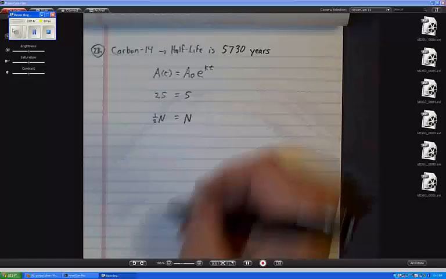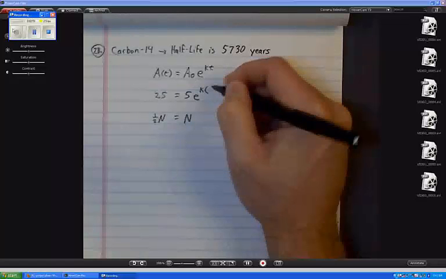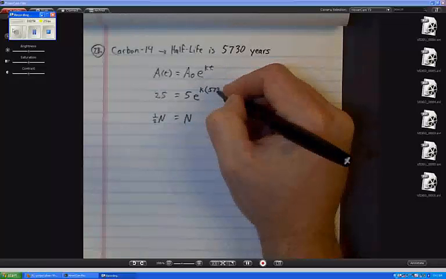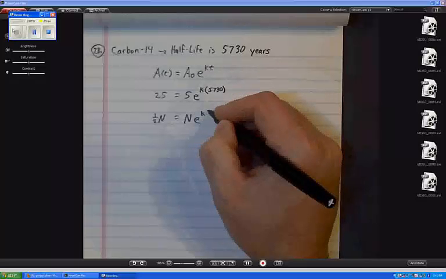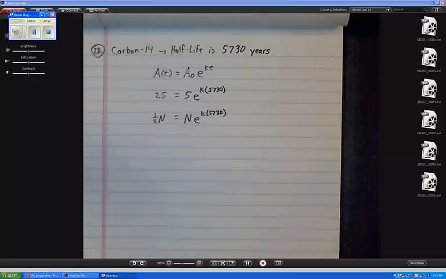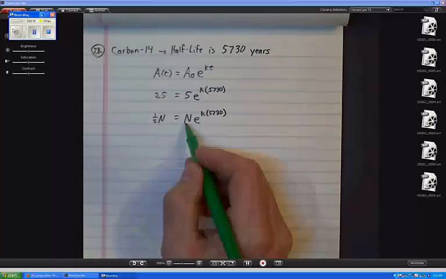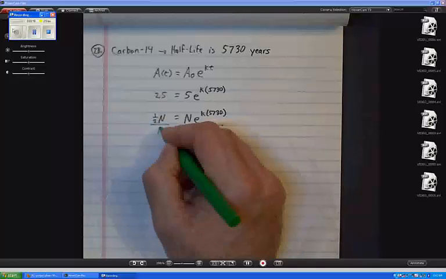I don't care. e to the k times, and yeah, the half-life is going to be 5,730. And the reason I don't care what number you put in for n is because what's going to be the very first step? If you're trying to solve for k, what's going to be the very first step? Divide both sides by n. Right?